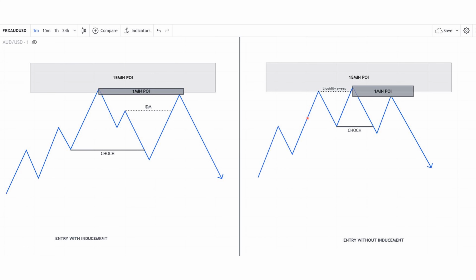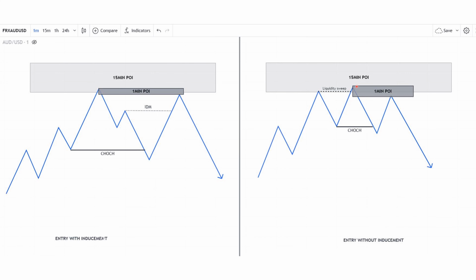So the only difference between this and this one is that here, as it was going up, this was the last high. This last high was broken, and then the candles were closing above this high until it reached this POI. But in this case, this last high was taken out here.